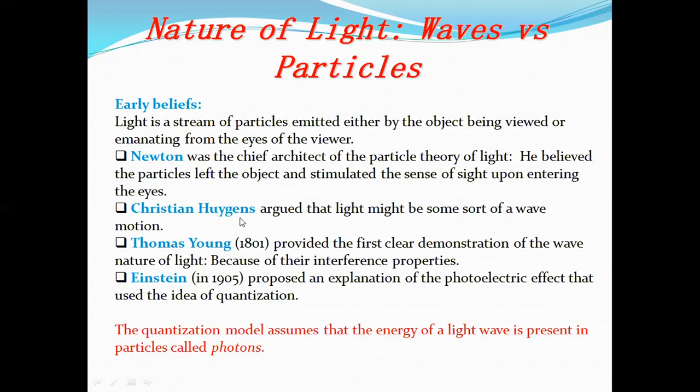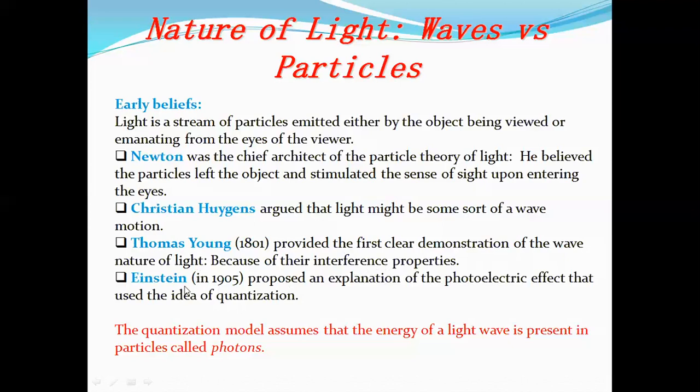And Christian Huygens argued that light might be some sort of a wave motion. Then Thomas Young provided the first clear demonstration of the wave nature of light because of its interference properties.